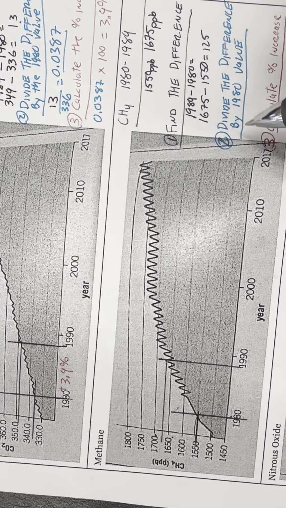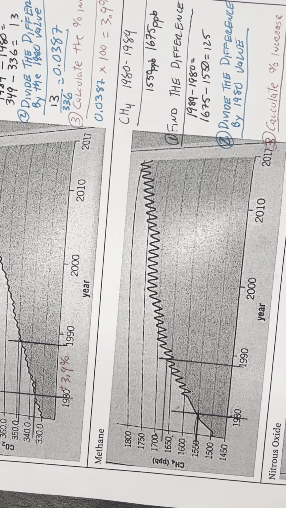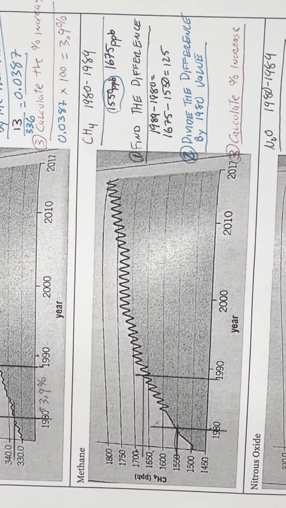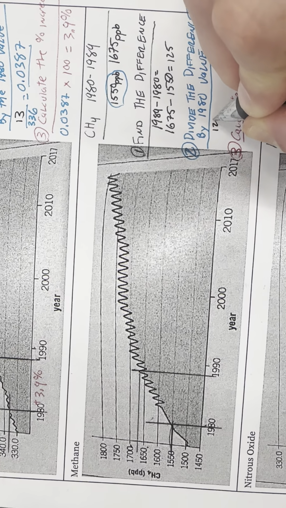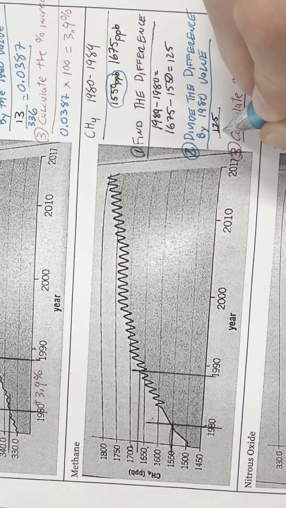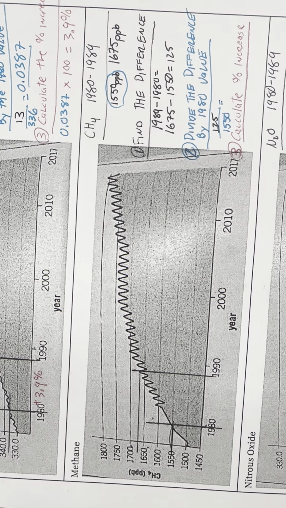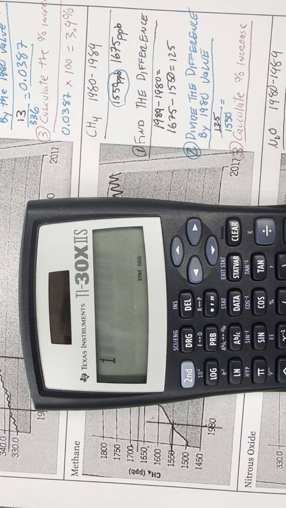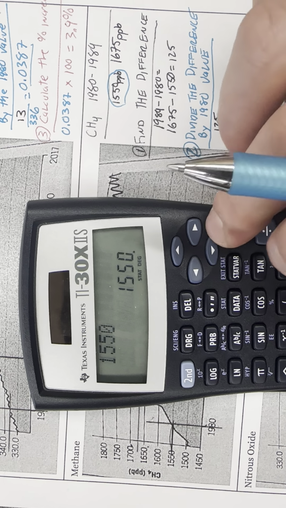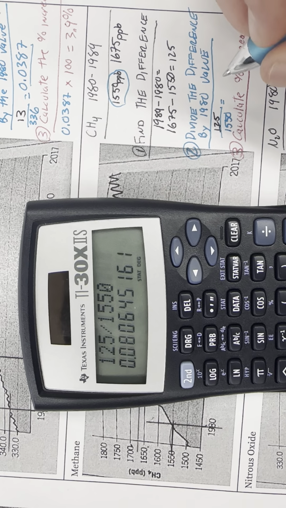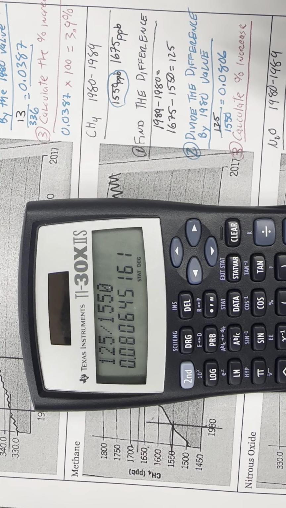Then I'm going to divide the difference by the 1980 value, which is still 1,550. So 125 divided by 1,550, and I'm going to get 0.0806. Leave it at that.